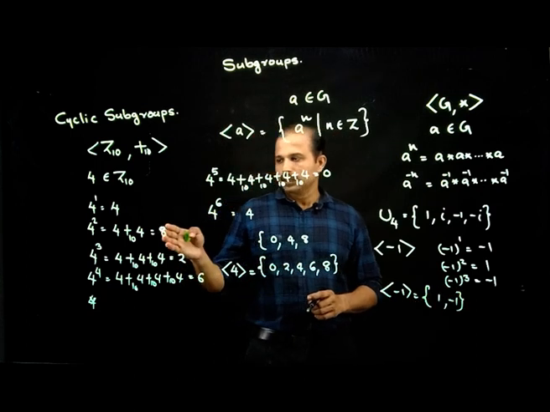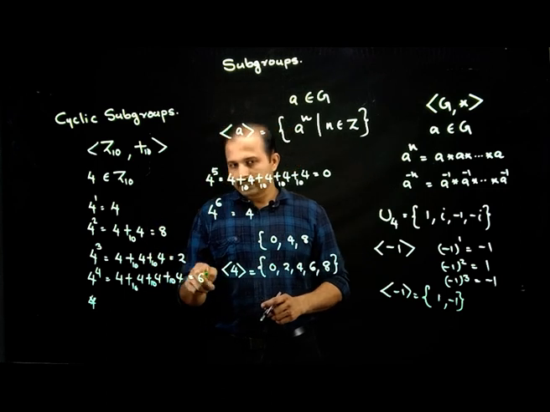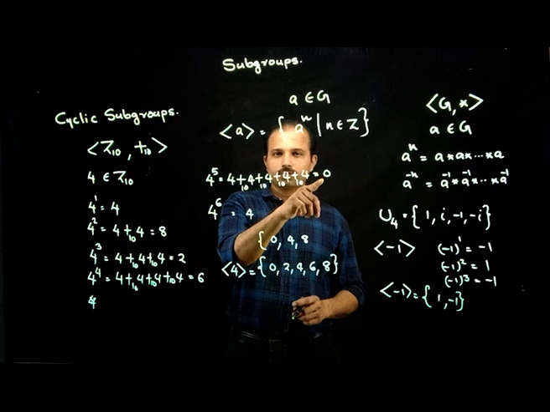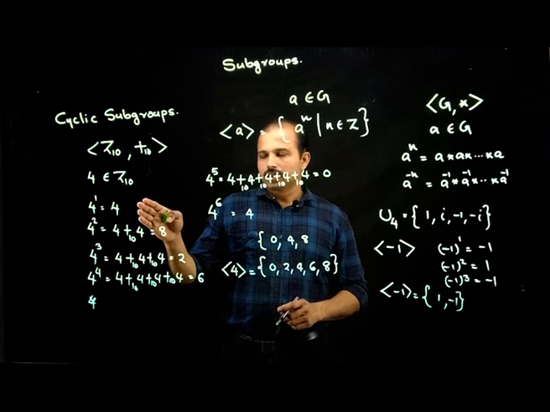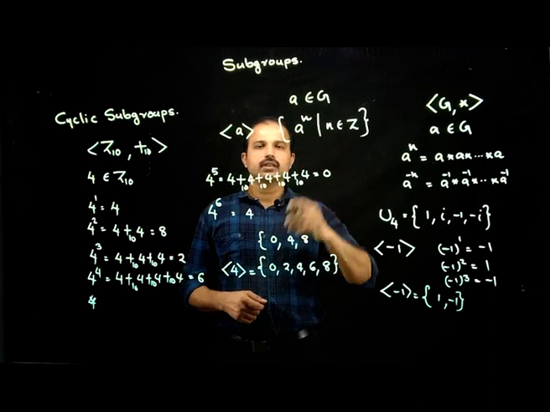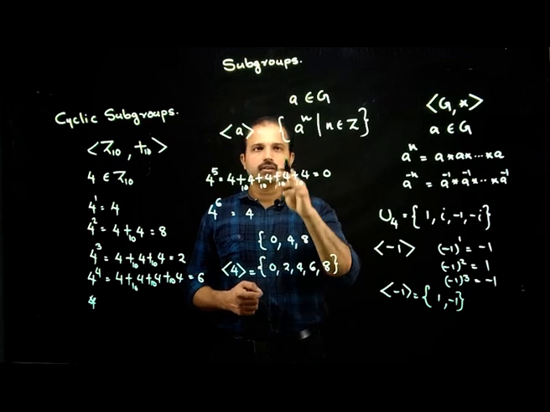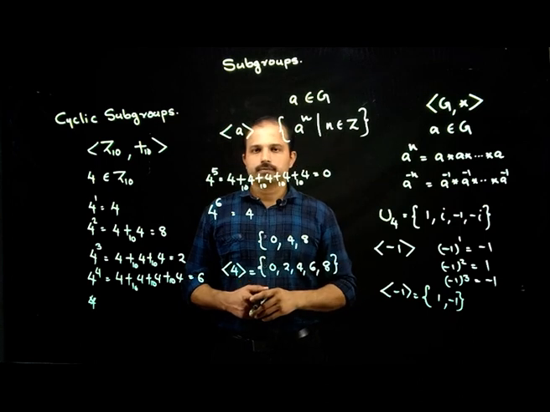Here also you may verify that property. While taking the powers of 4, whenever we get the identity element 0, there you may stop, because the next powers will give you these values repeatedly. So this is the definition of the cyclic subgroup generated by an element, that is equal to the set of all A raised to n where n belongs to Z.